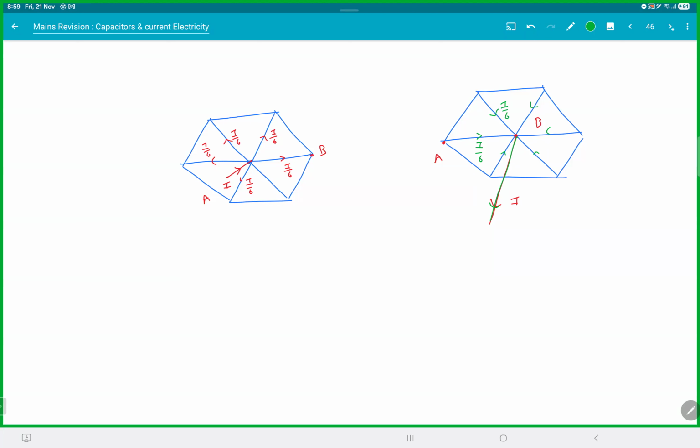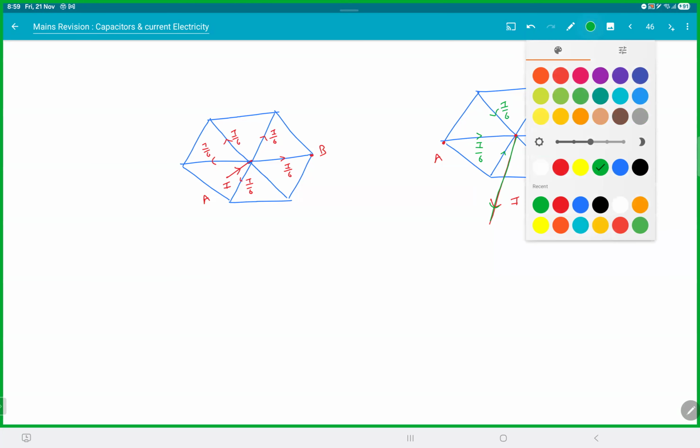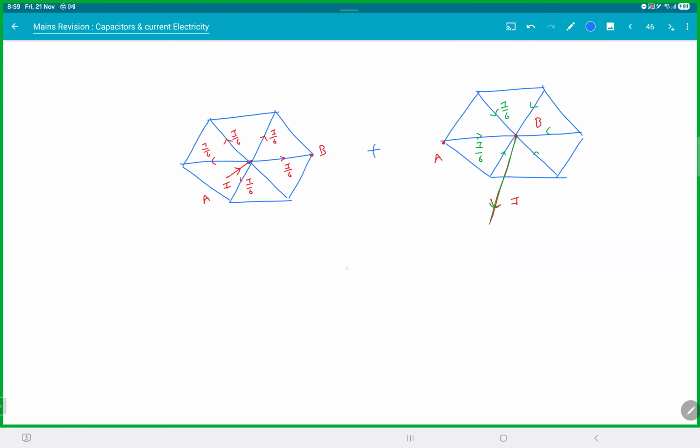So if you send the current and you pull the current at the same time, that is, if you combine these two, something like this.